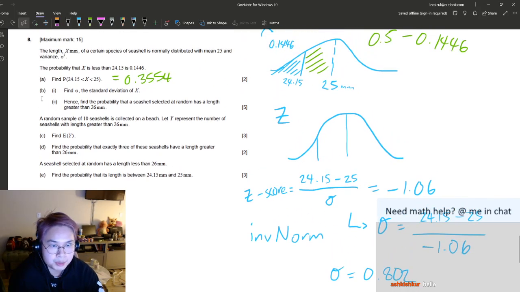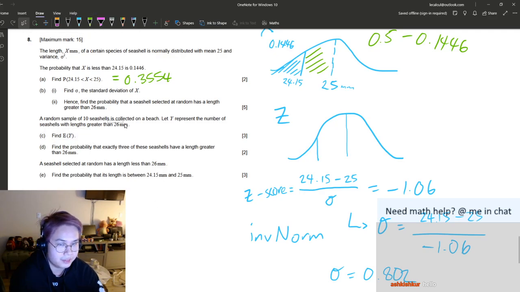Okay, and then we move on to the second part. Now we gather 10 seashells, and y is going to represent how many are greater than 26. And then we need to find the expected value of y.